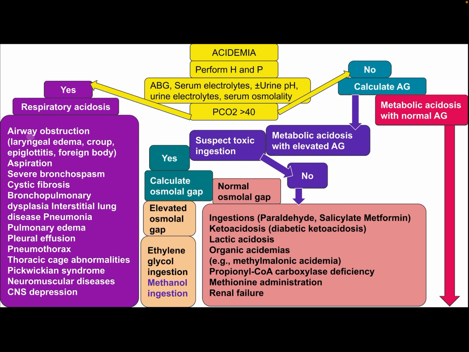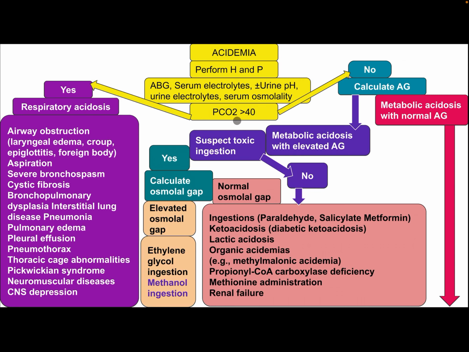Differential diagnosis: airway obstruction, laryngeal edema, croup, epiglottitis, foreign body, aspiration, severe bronchospasm, cystic fibrosis, bronchopulmonary dysplasia, interstitial lung disease, pneumonia, pulmonary edema, pleural effusion, pneumothorax, thoracic cage abnormality, Pickwickian syndrome, neuromuscular disease, and CNS depression.